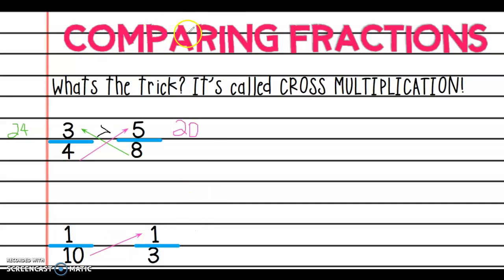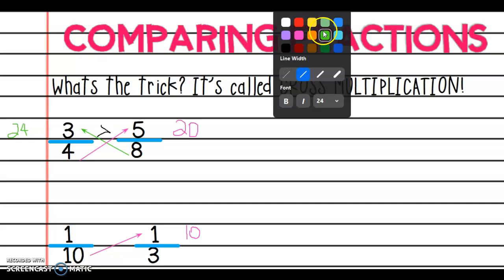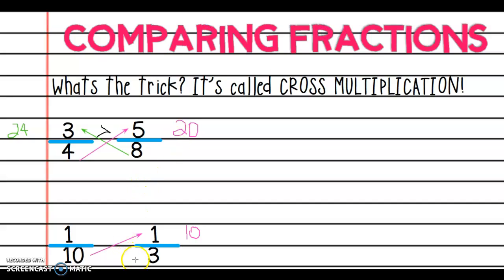Next, you have to multiply 3 times 1, which gives you 3. Then you have to say which one is larger. If you watch closely, 10 is larger. So the answer is going to be 1/10.